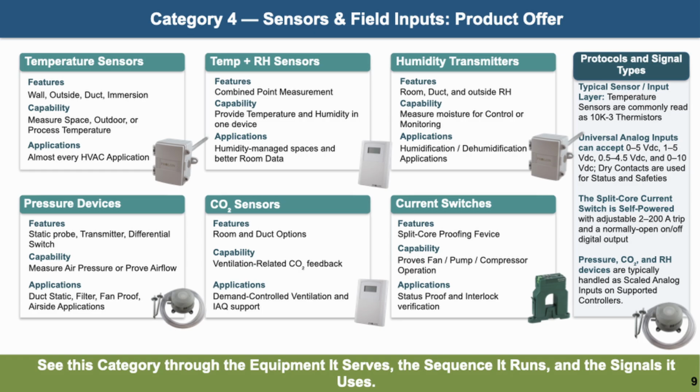Split-core current switches can provide self-powered proof with an adjustable trip range and normally open digital output. Pressure, CO2, and RH devices are typically handled as scaled analog inputs. The key point is that understanding the signal type is just as important as understanding the variable being measured.